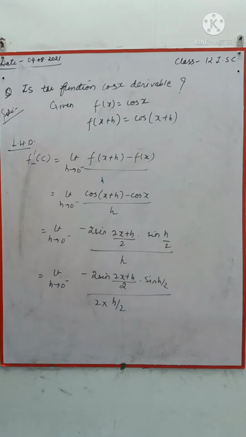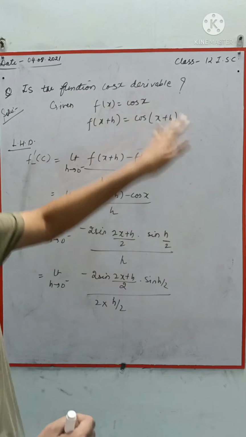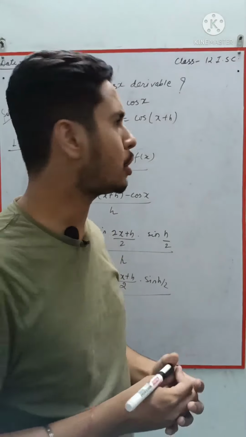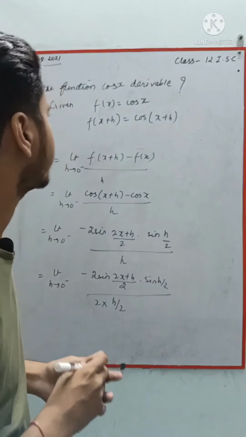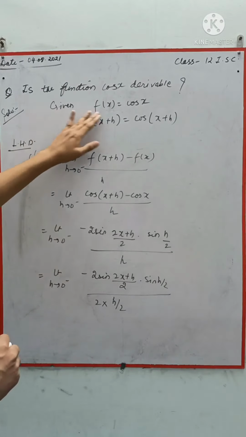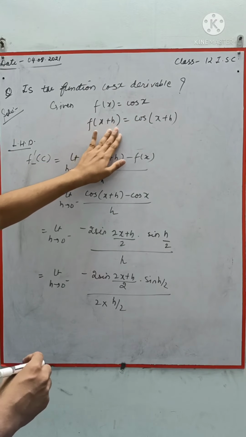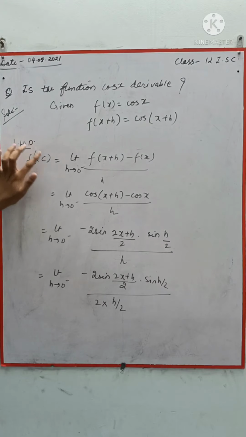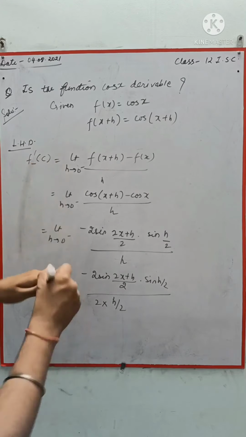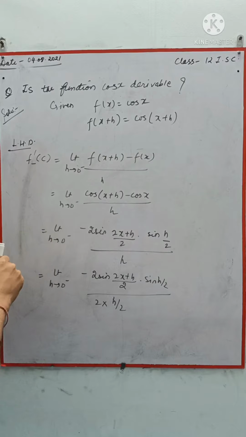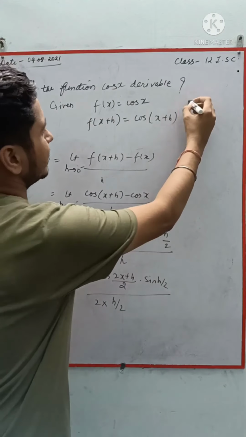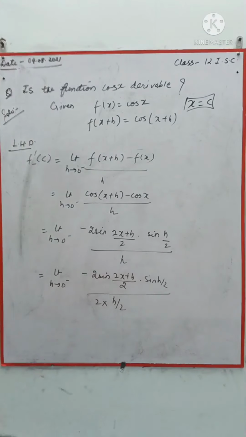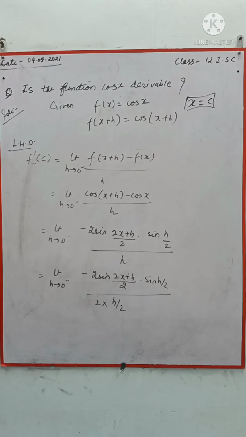First of all we are going to see, is the function cos x derivable? We know that the domain of cos x is the whole real numbers. So we'll start with: given f(x) is cos x, f(x plus h) will be cos(x plus h). For LHD, f dash c, where c is any constant. We are going to check that f is derivable at x equal to c, and c can be an arbitrary constant.